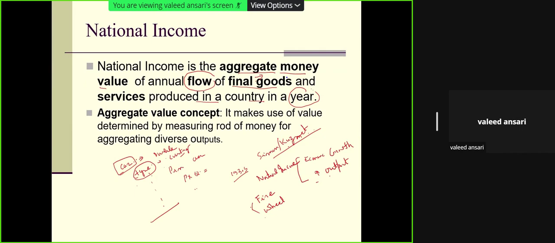But we do not include the services of housewives. Illegal activities are not included because they are unofficial. We can have an estimate, but that is not included. Gambling and other things are also not included.